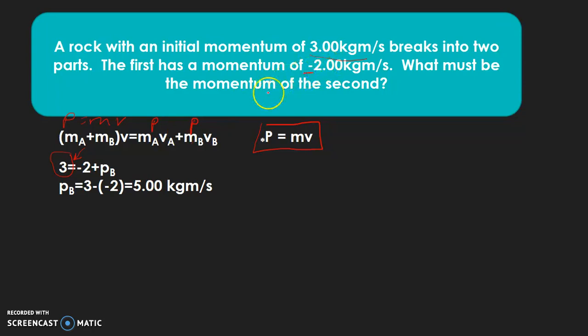Remember, don't forget the negative sign. This is what a lot of y'all missed right here. Plus the momentum of object B, so that's what we're solving for, is this momentum. So we plug into the calculator and we should get 0.005 kilogram meters per second.